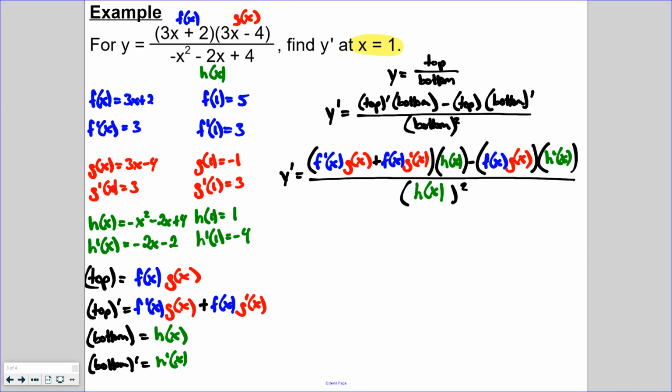So now we can plug in the numerical values and then just simplify to find the derivative of y at x equals 1.